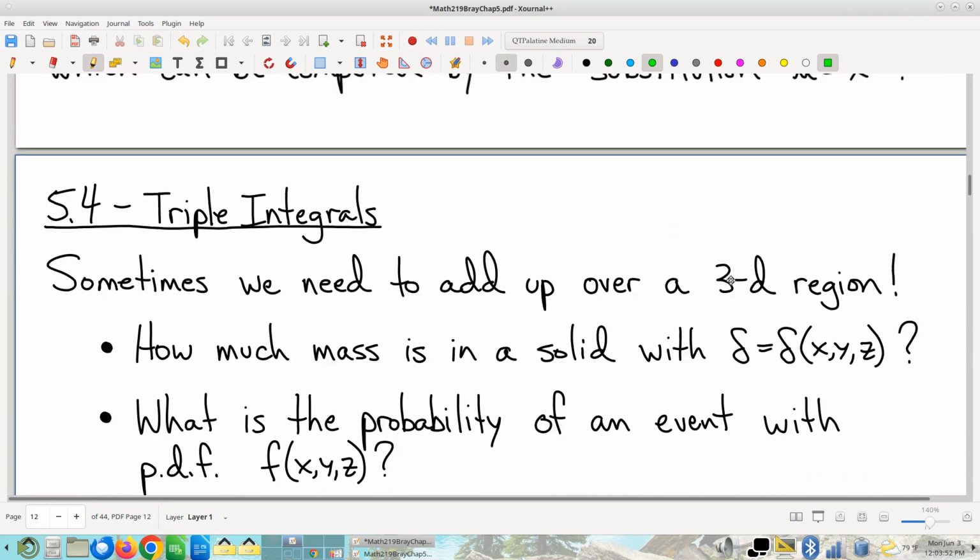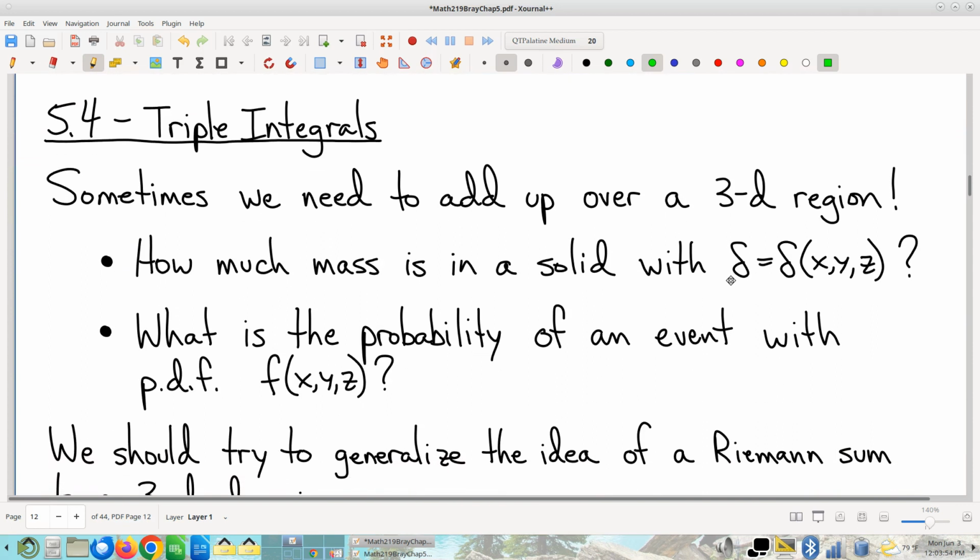So that's section 5.3. On to 5.4. Triple integrals. I'm going to go as fast as I can through these formational ideas for triple integrals.